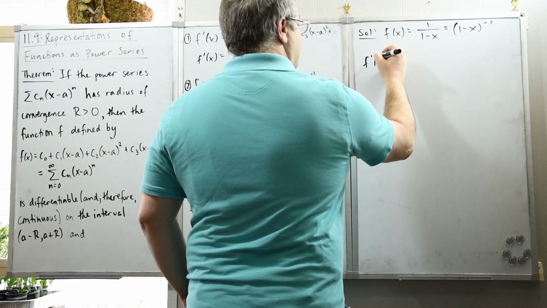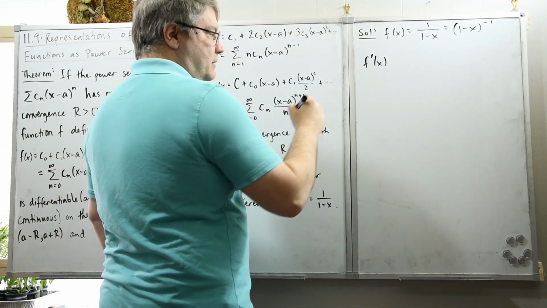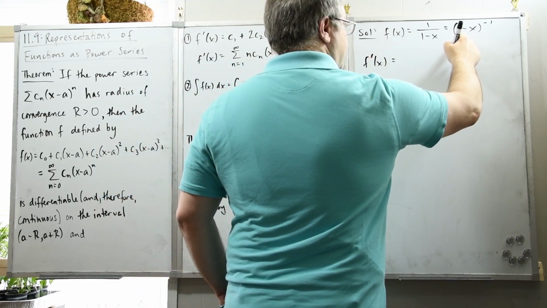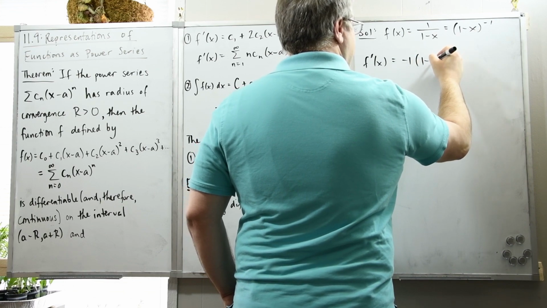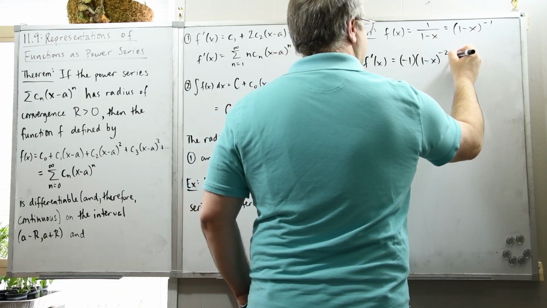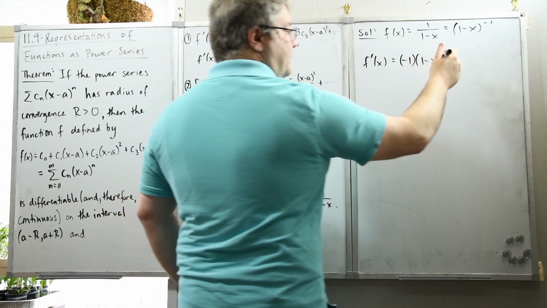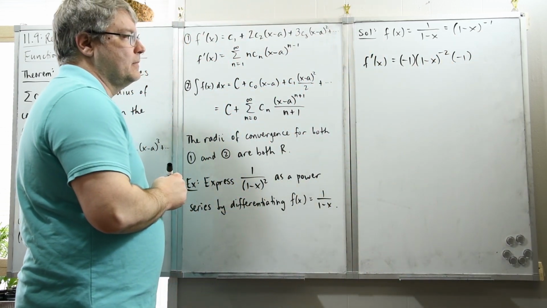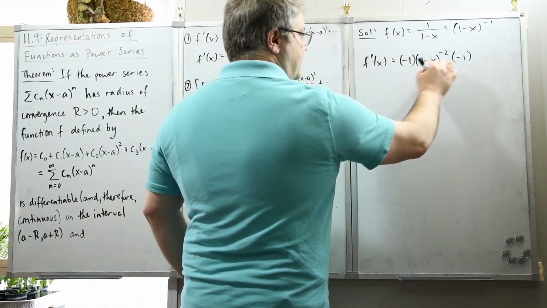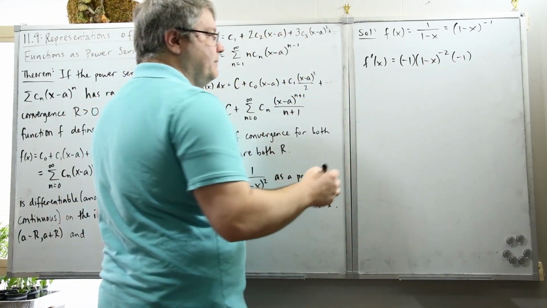So if we're going to find f prime, we'll use the chain rule on this. We'll have negative 1 times 1 minus x raised to 1 less power, times the derivative of 1 minus x, which is negative 1. Now our negative 1 times negative 1 is going to give us positive 1.